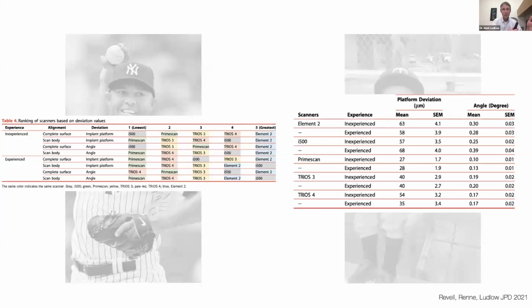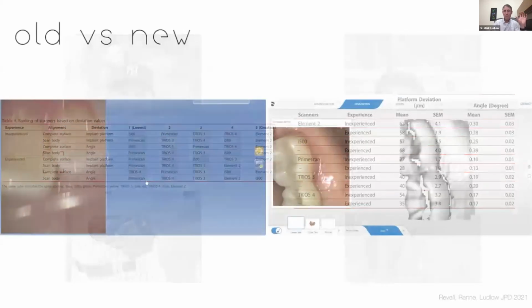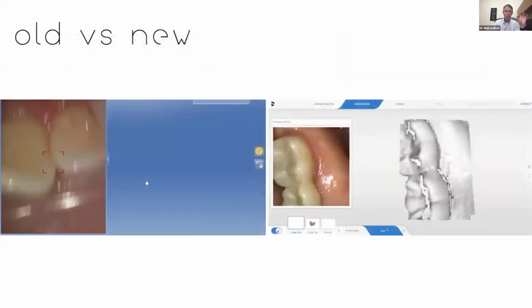And some, truthfully, are a little bit easier to scan than other scanners. But the reality is scanners are getting so darn good, it's making our life significantly easier to do these different things.